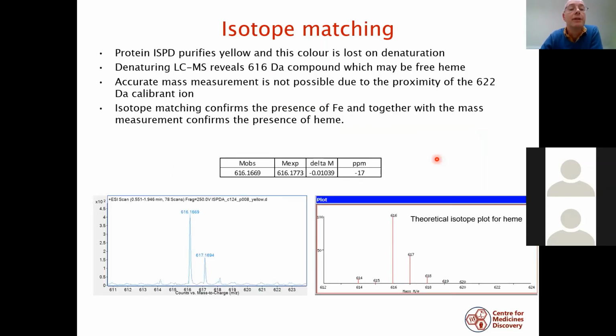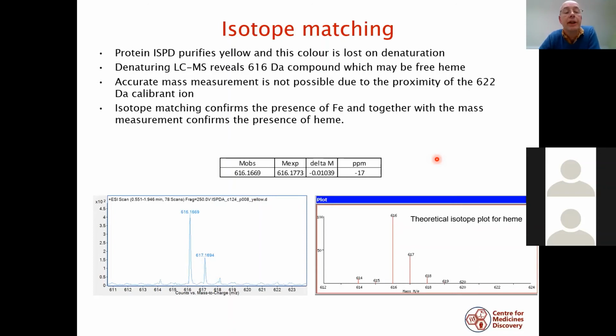Here's some work we did several years ago on a protein called ISPD, and it purifies yellow. It's not clear, but when the protein is denatured, that color is lost. So the assumption that we had was it must be a chromophore.